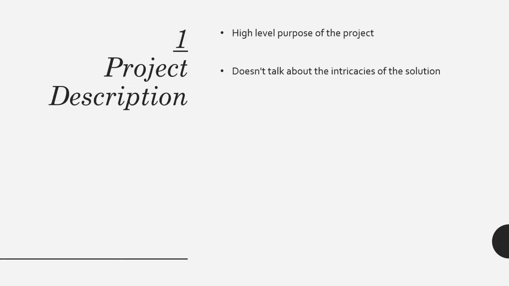It is not going to mention what kind of mortar you're going to use, what kind of machinery you would need, what kind of resources you would need. So it is a very high level description of the project. It doesn't talk about the intricacies of the solutioning, basically. All right, moving on.